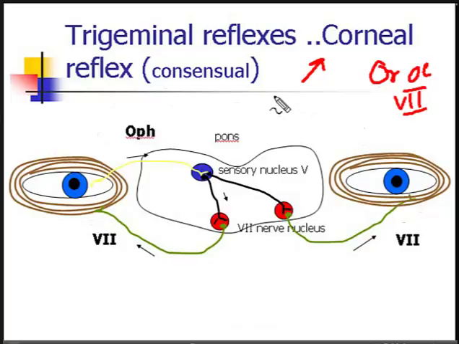The sensation from the irritated cornea is carried by the fifth, because the fifth supplies the entire face, and the eye, if you remember, is the ophthalmic division of the fifth. So it goes and relays in a nucleus of the fifth. Then from there, somehow the information has to be passed on to the seventh cranial nerve so that it can go and make the orbicularis oculi contract.